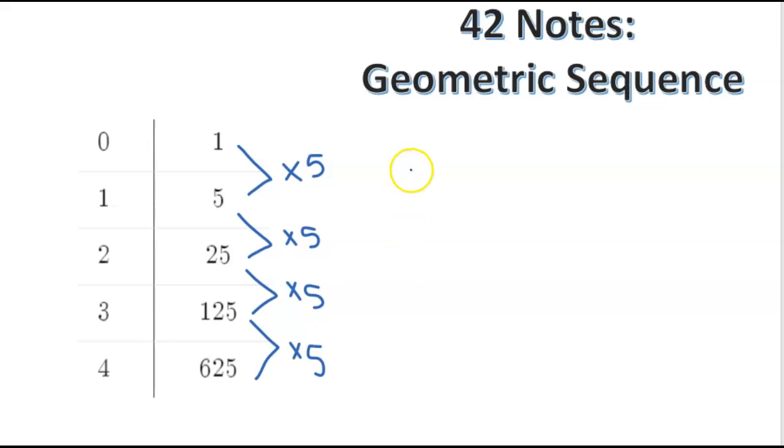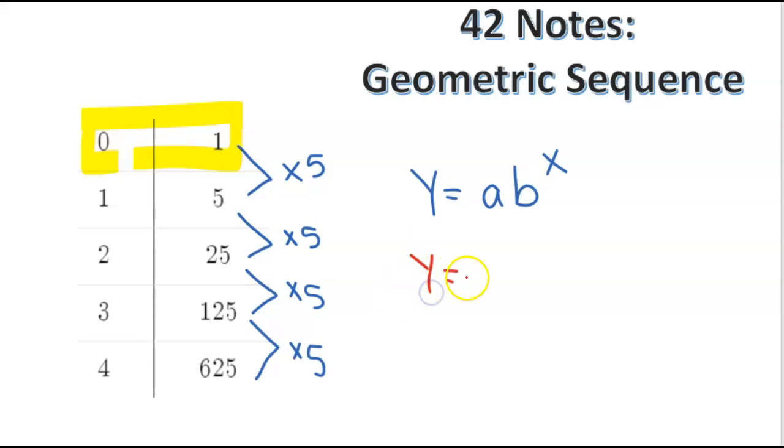My equation for an exponential function is this, where A is the y-intercept and B is the multiplier. A is the y-intercept, B is the multiplier, X is the power.